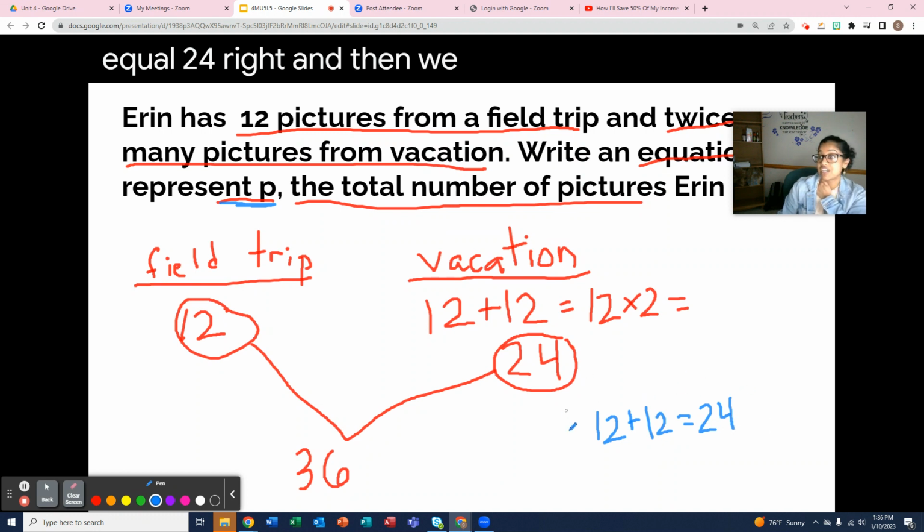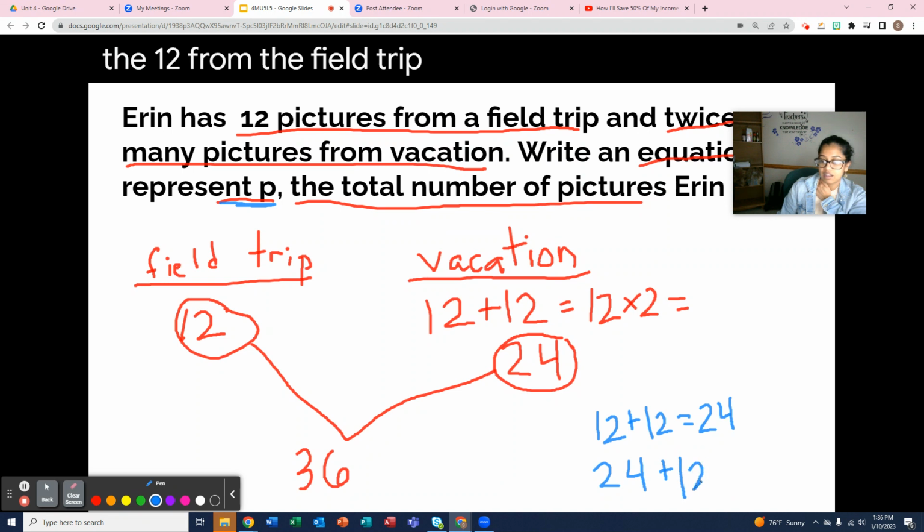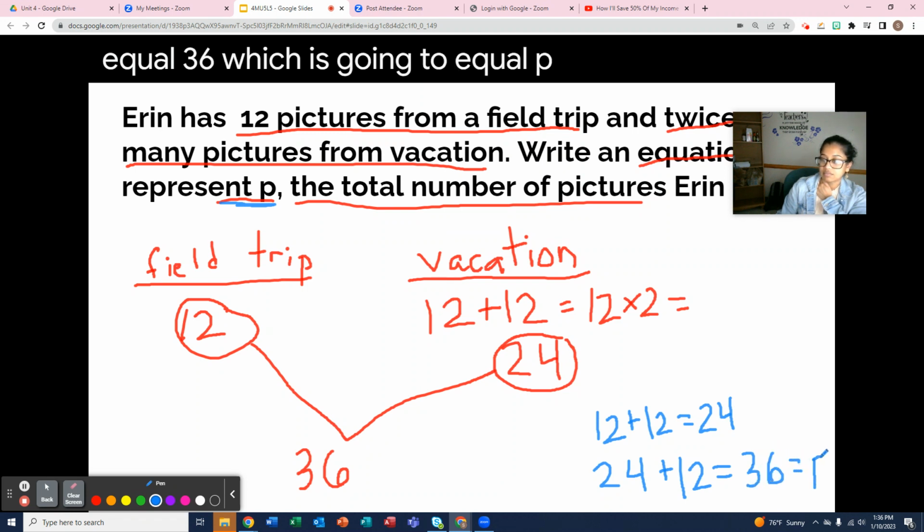And then we have to do our next step, which is going to be 24 plus 12, because you have to add the 12 from the field trip. And that is going to equal 36, which is going to equal P.